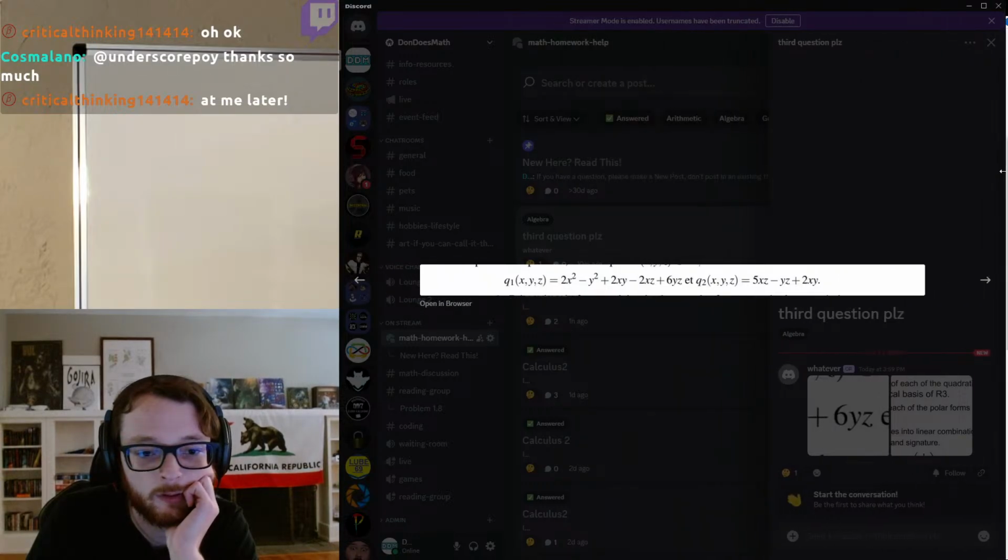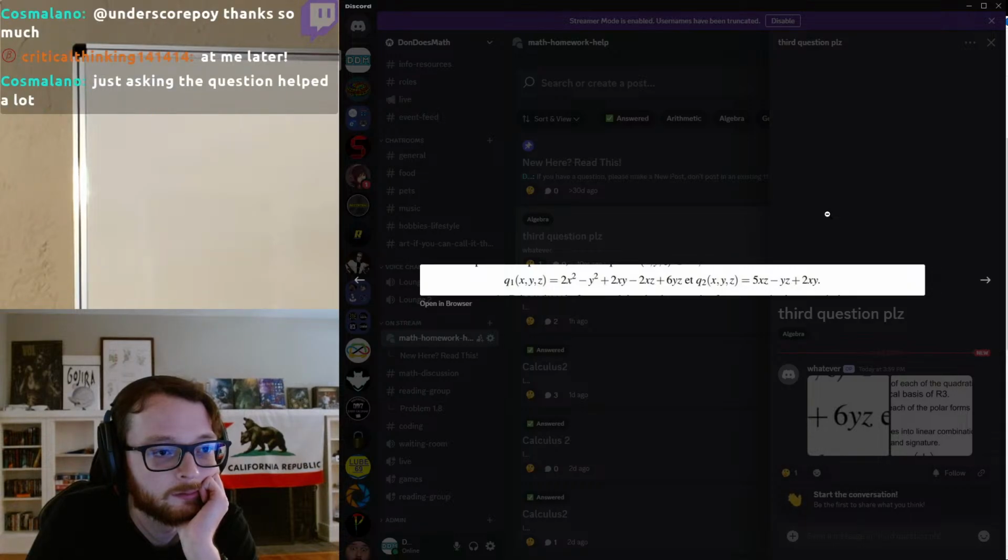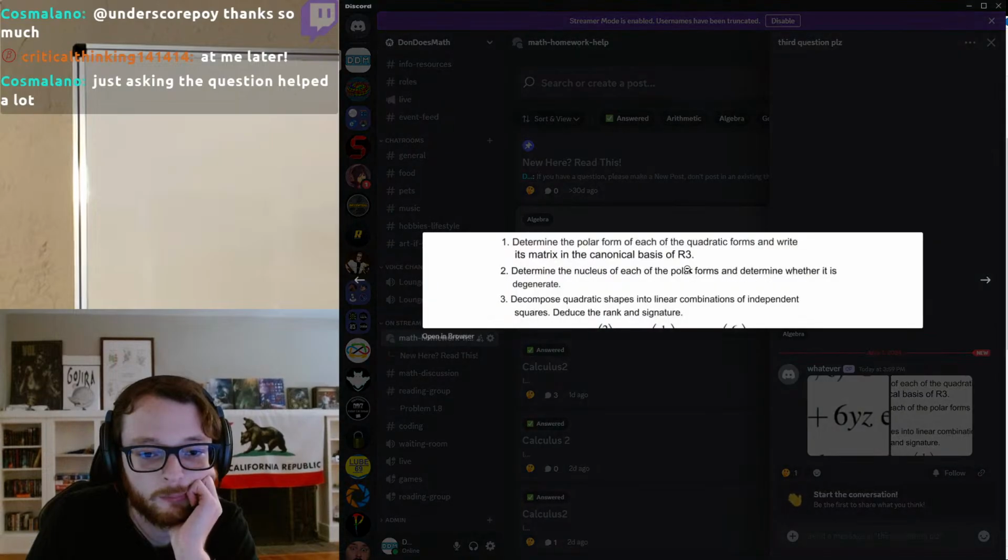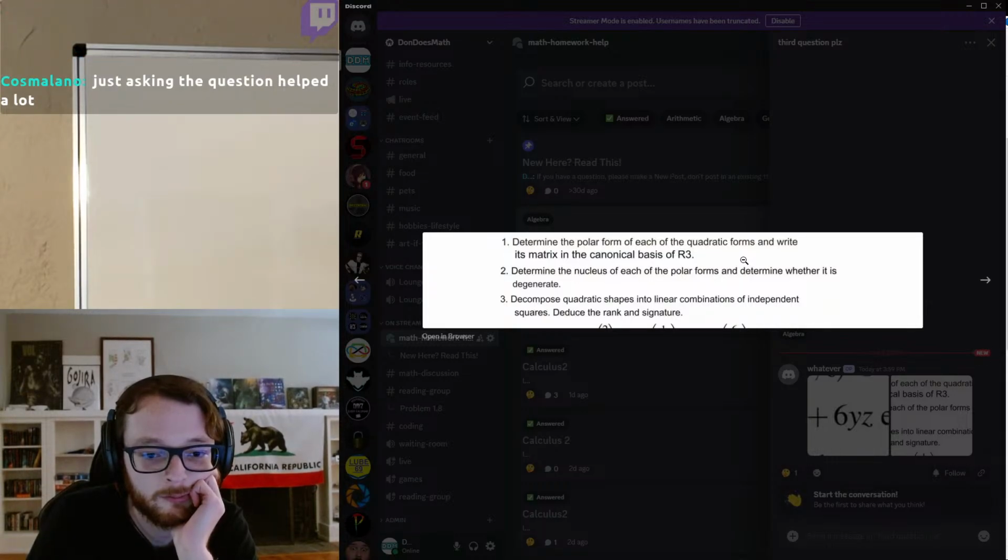The person posted this and then this, but I don't know. Determine the polar form of each of the quadratic forms and write its matrix in the canonical basis of R3. I don't know what this means, to be honest. I'm not sure I can do this question.